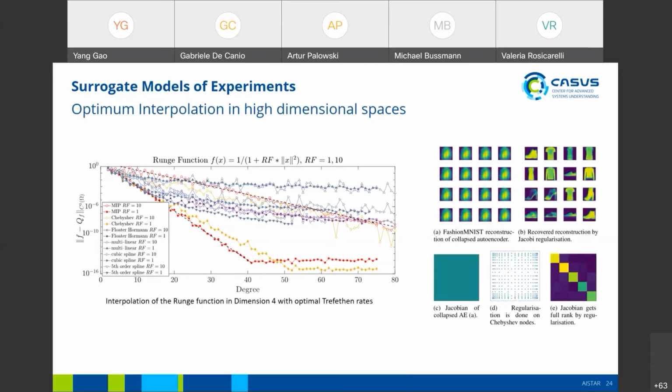And as a result, we have here a very nice example where we use the Fashion MNIST data set, and we use this interpolation to increase the quality of the Jacobian, and really we get the full rank by regularization with the Chebyshev nodes we have selected with this interpolation scheme, and compared to standard autoencoder schemes, this gives much better results in finally reconstructing the high-dimensional underlying space.